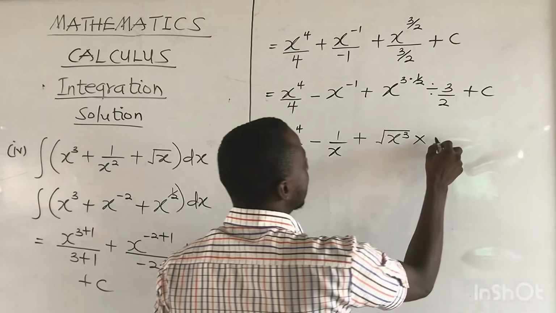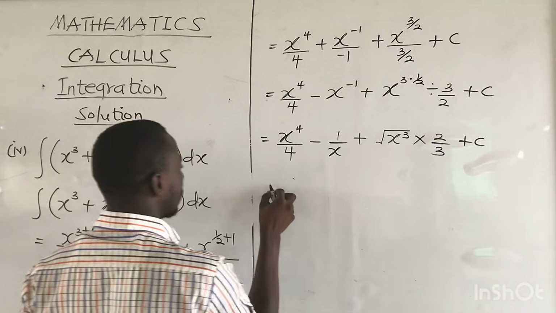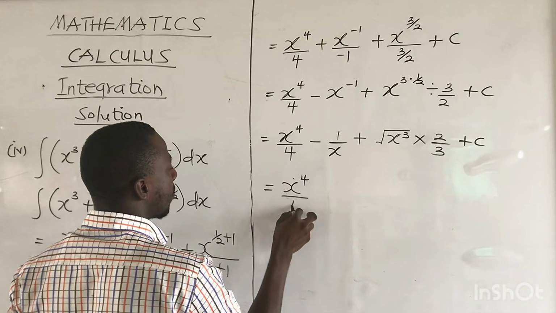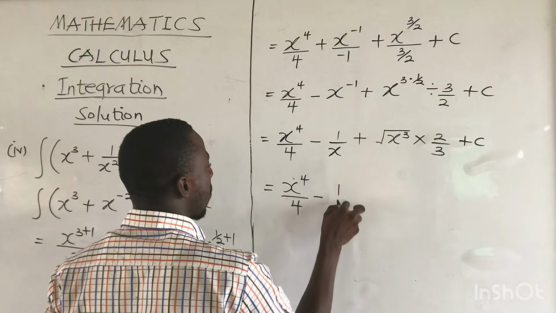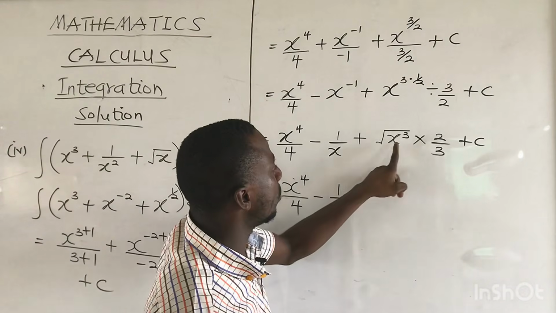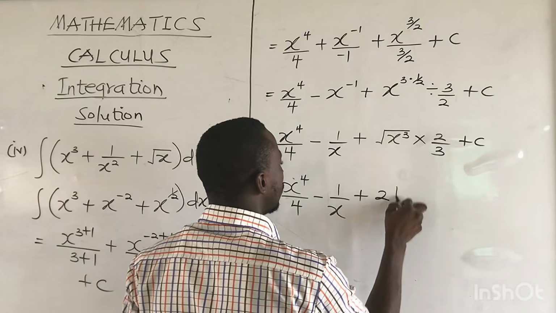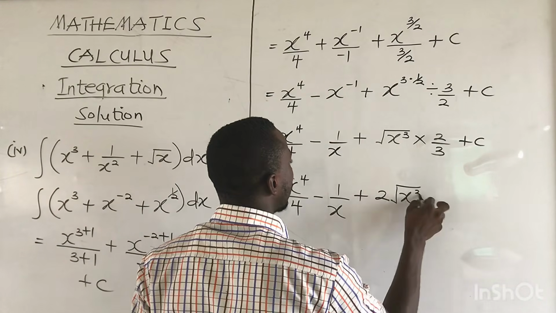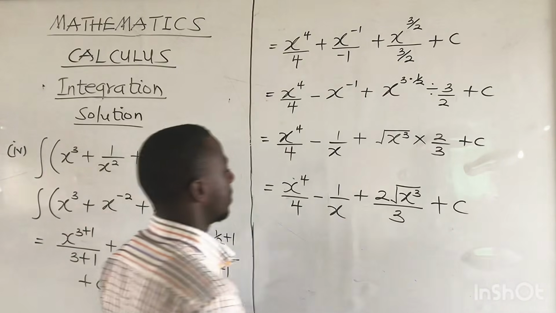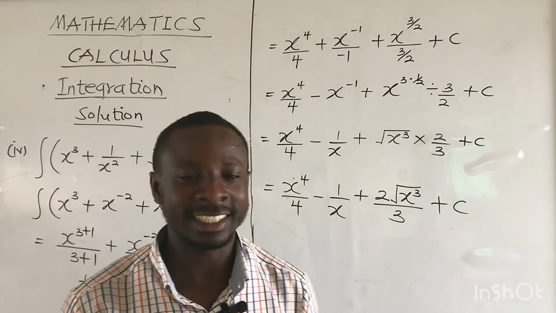So it's the same as 2 over 3 plus c. So we have x power 4 over 4 minus 1 over x plus 2 root x cubed all over 3 plus c. And this will be the final answer.